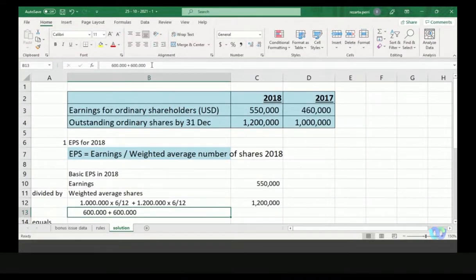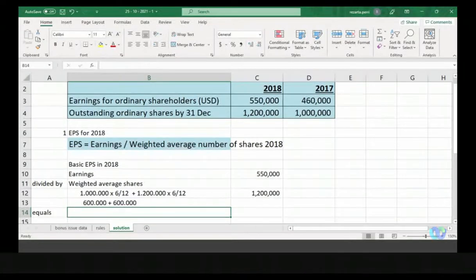Assume this is an issue of shares at the normal price in the market. In this case, you have no bonus fraction. So you just issued on 1st of July 200,000 new shares at market price. That is not a bonus. Therefore, there is no bonus fraction, no bonus factor over here.